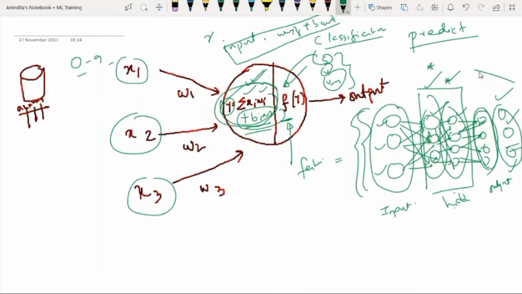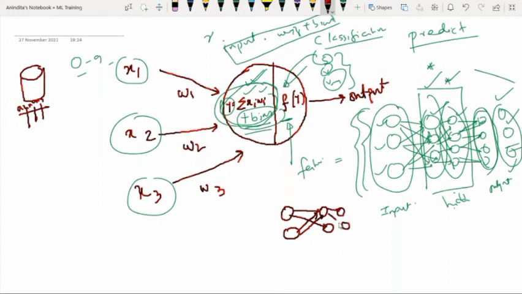Yes, sure. So here, what is the connection? Say we have two nodes in the input layer and two nodes in the hidden layer. So this is the connection. This will be connected with this, and then we have this kind of connection with this, right? So many to many.